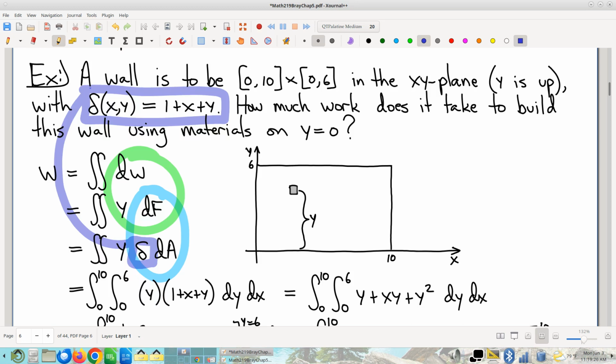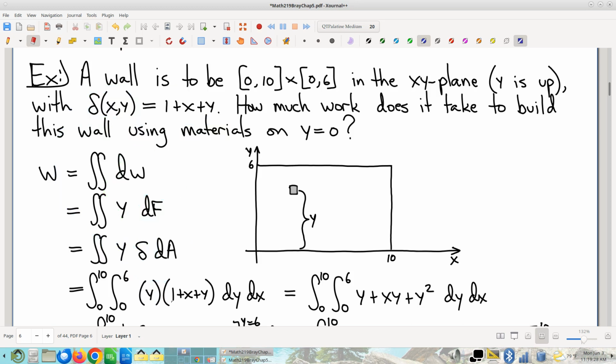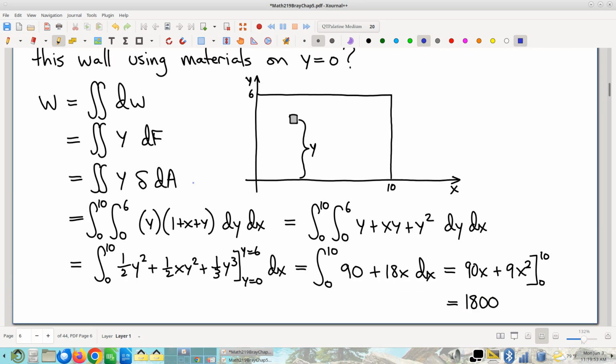Okay, all right. So notice how I've used this very convenient shorthand of talking about little differentials. This represents a differential small amount of area out of a whole amount of area, and this is a small amount of weight out of a whole amount of weight, and this is a small amount of work out of a total whole amount of work, etc. And it makes for a really nice, convenient, streamlined argument that eventually gets me down to a double integral.